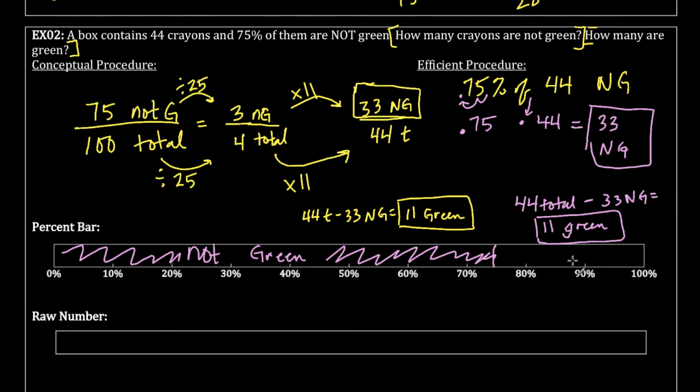Which means that 25% were green. And let's talk about this in terms of raw numbers. So we had how many total? We had 44 total.